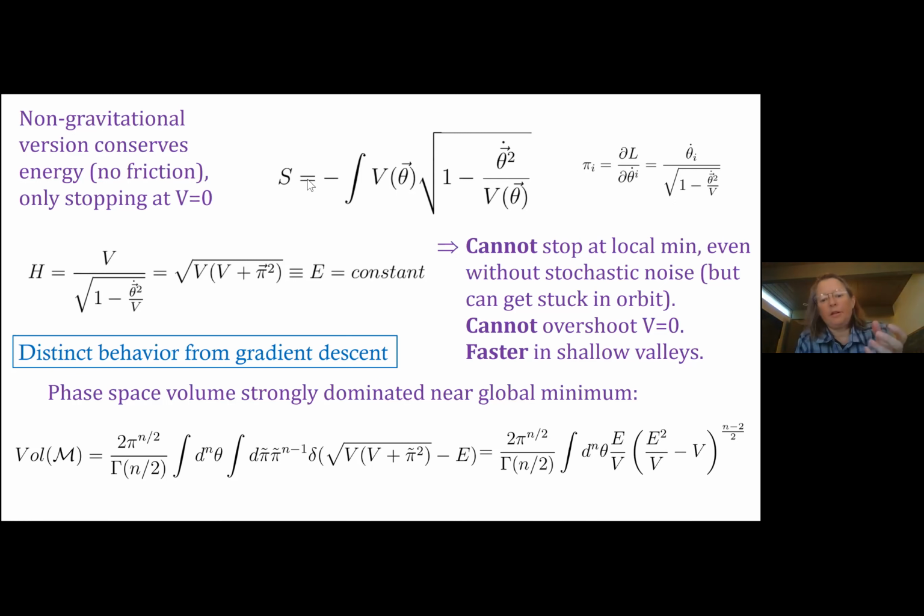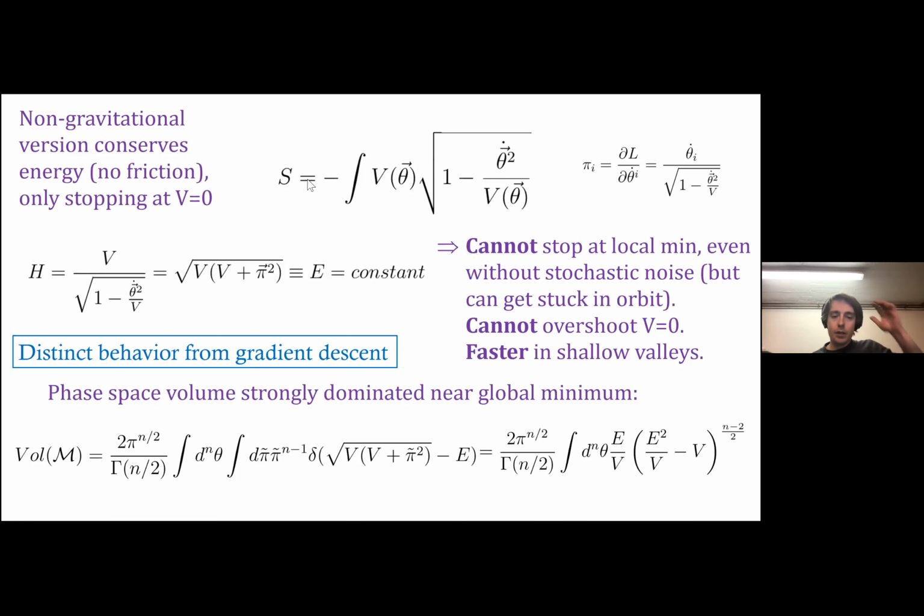So you can't literally get stuck at a local minimum, because that would mean that you go to 0 velocity at a value of the potential that's lower than your starting point, and that would simply conflict with energy conservation exactly. But you're onto something in this question, because it's quite possible to get stuck in an orbit. So we're going to add something that keeps the system sufficiently strongly mixing, chaotic, that that doesn't happen, that the orbits are unstable.